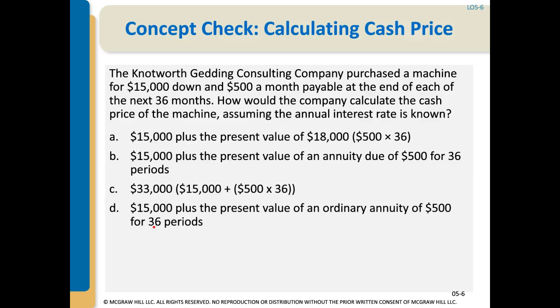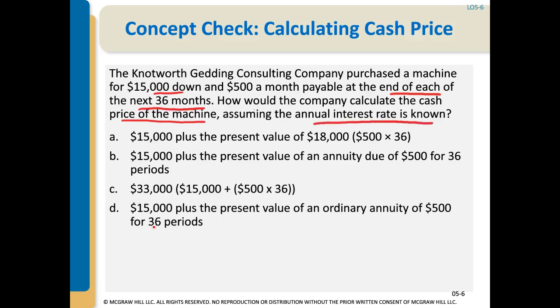Another concept check: the Not Worth Getting consulting company purchased a machine for $15,000 down and $500 a month payable at the end of each of the next 36 months. How would the company calculate the cash price of the machine, assuming the annual interest rate is known?